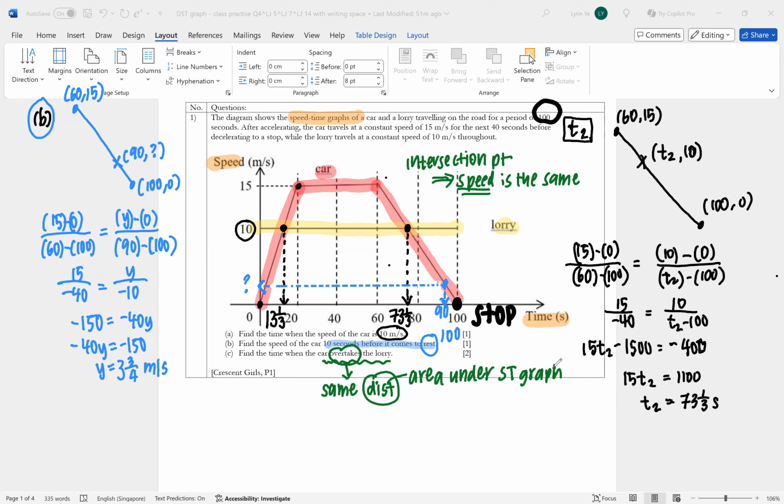Got it, guys? So I give you some time to copy the one in green first before we move on. I'm going to delete the rest of the working.